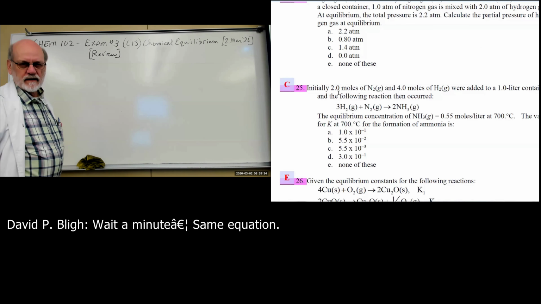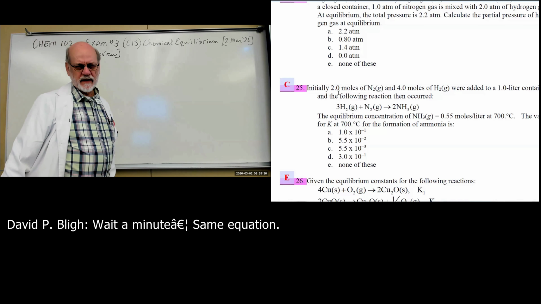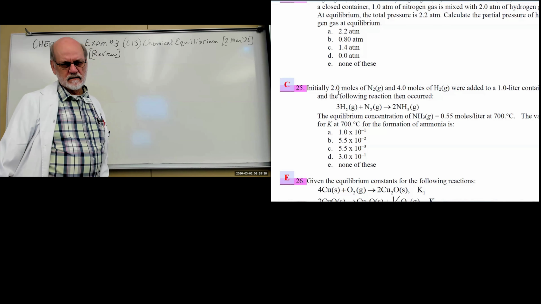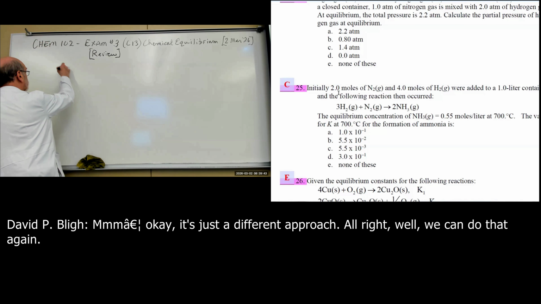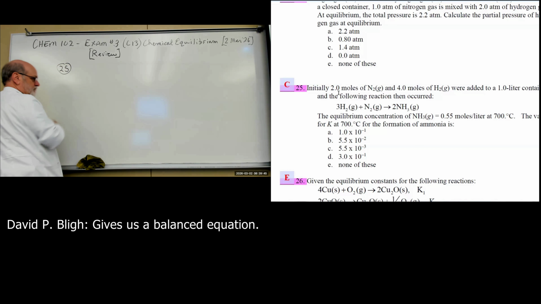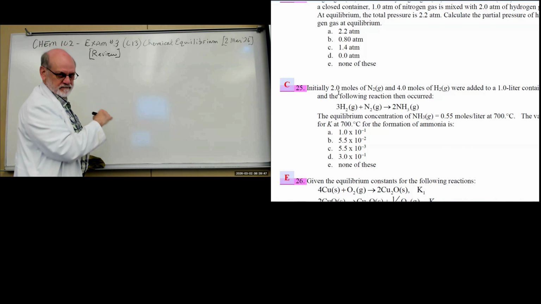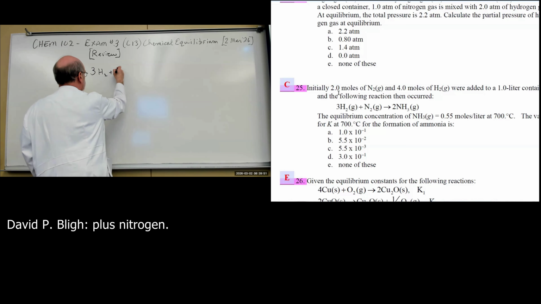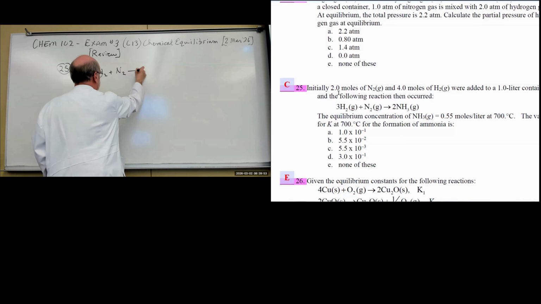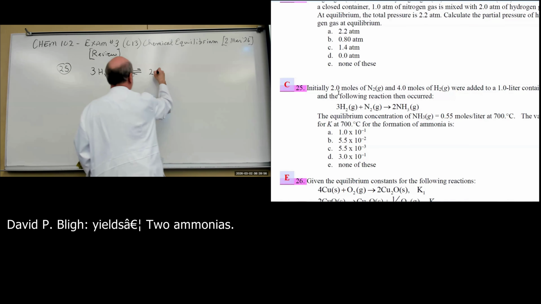25. Wait a minute. Same equation. Okay, it's just a different approach. All right, well, we can do that again. Gives us the balanced equation. Let's see, 3 hydrogens plus nitrogens yields 2 ammonias.